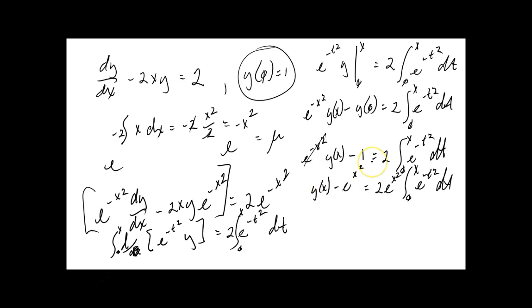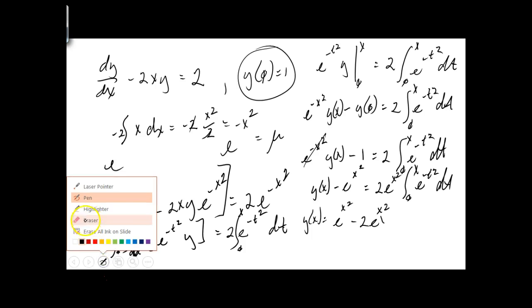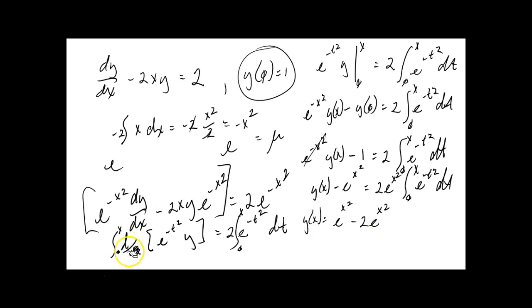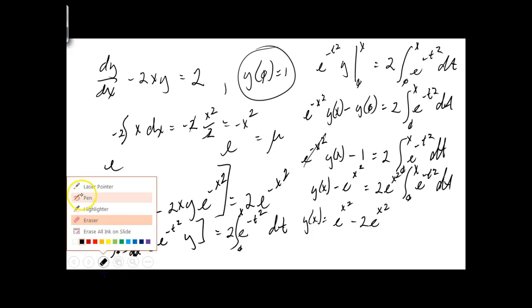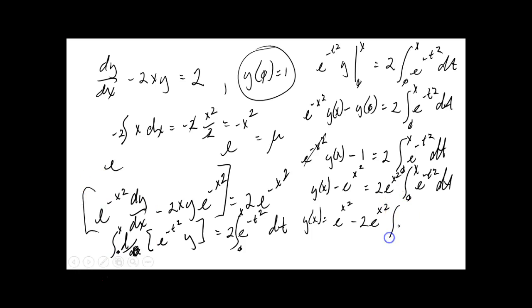Then you can add the e to the x squared to both sides, so that gives you y of x is equal to e to the x squared minus 2e to the x squared. That's pretty ugly there. Times this integral. I wish they'd call it and write it, but they're carrying it along as if it's the most valuable thing ever. dt.